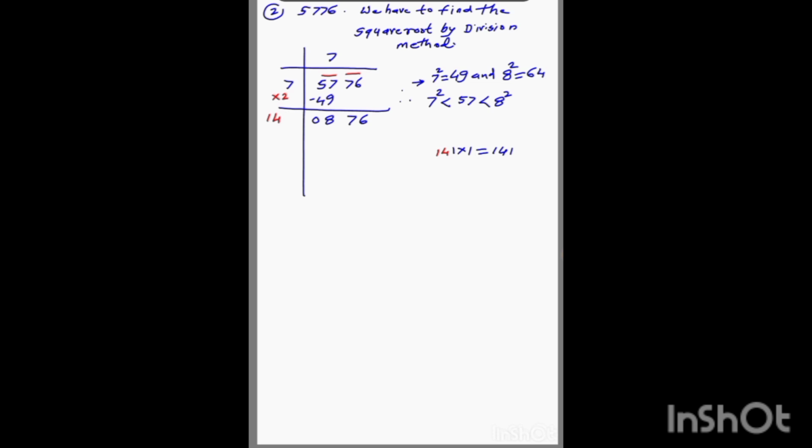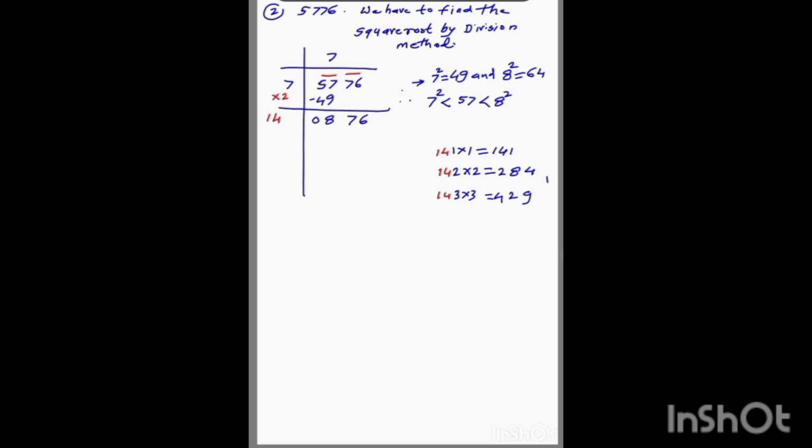Now write 14 as it is, and 2, so 142 into 2, like that you have to increase the digit. Carrying out the multiplication, it is 284. Now 14 as it is, 3, so 143 into 3, which is 429. Every time you increase the digit and multiply with the same digit.